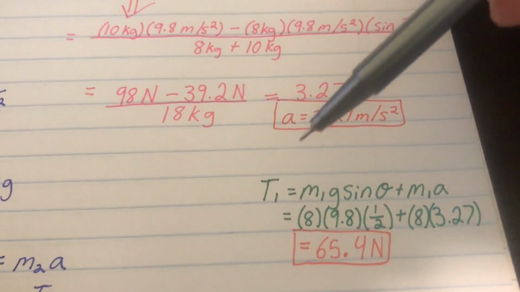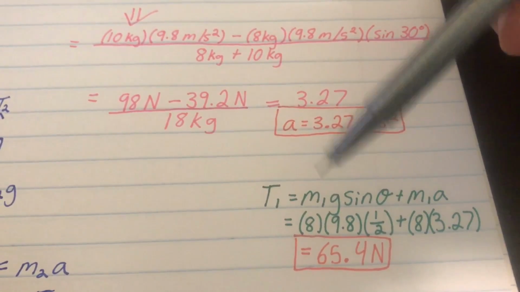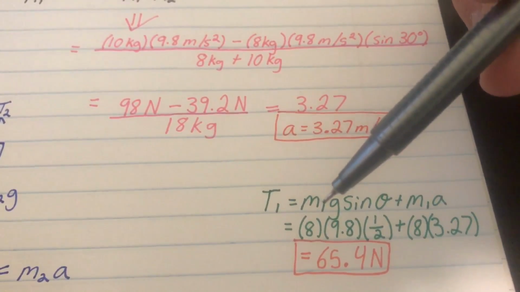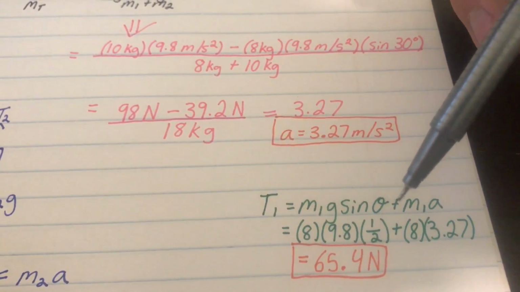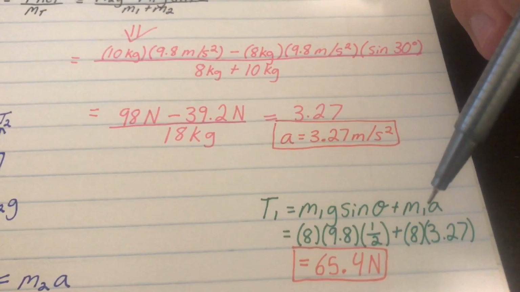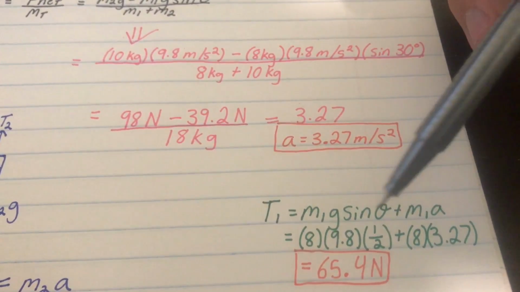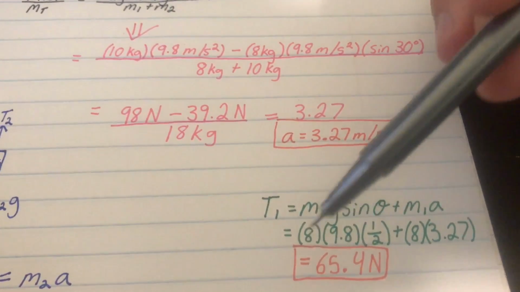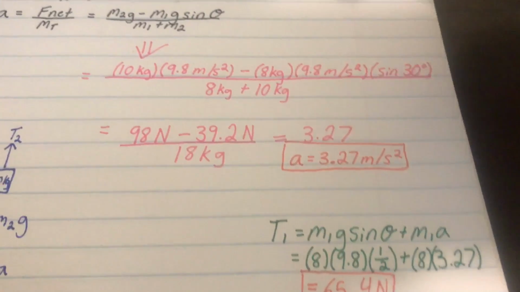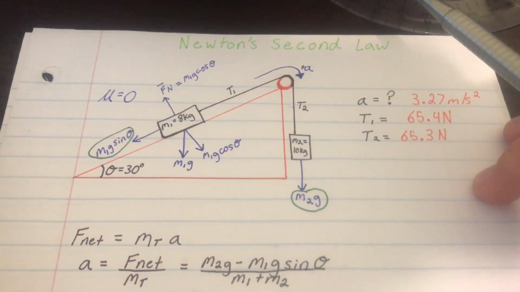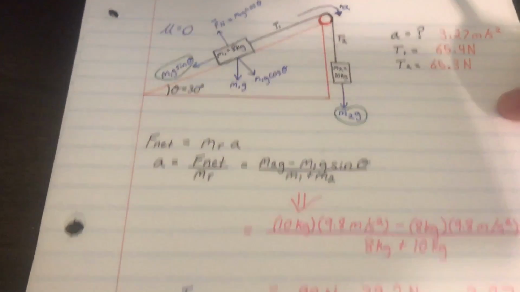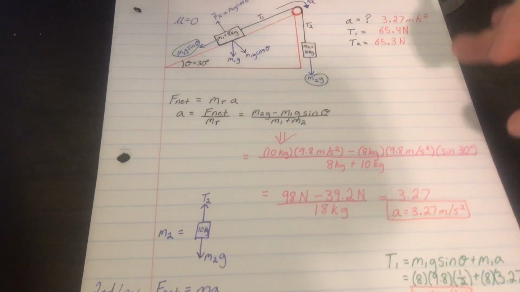So T1 equals the mass of 1 times gravity sine theta plus m1 times acceleration. So I plugged in all my information, and that gave me 65.4 newtons, which was pretty close to 65.3. And that is my Newton's second law reassessment.